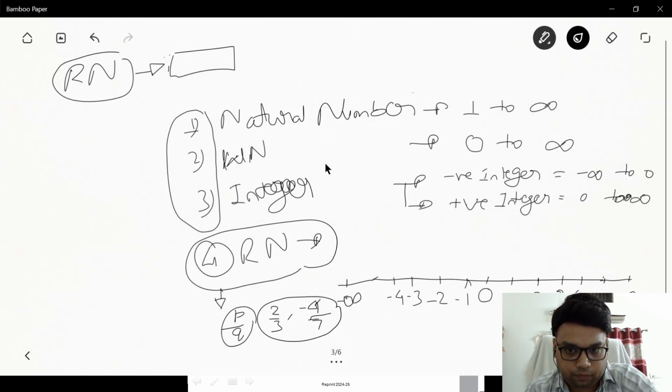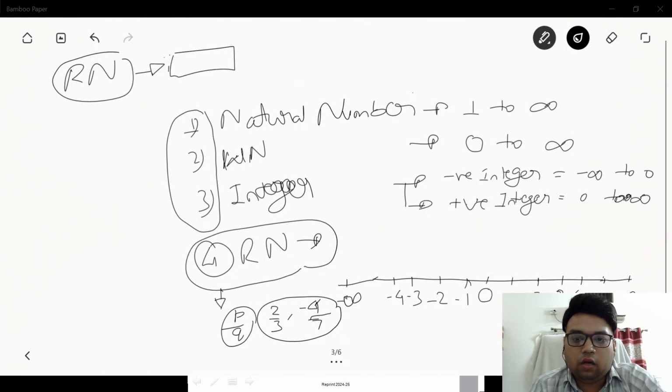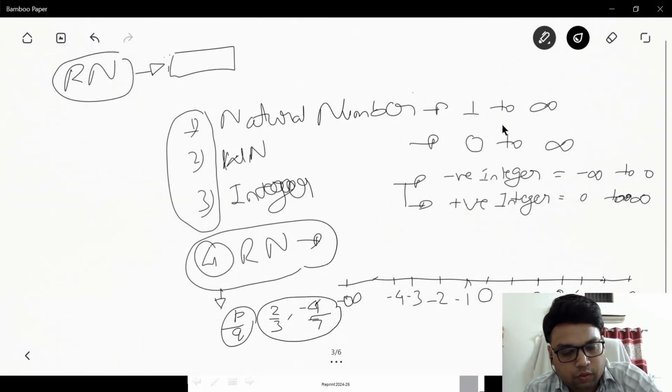rational number. Here the natural number, as we can see on the screen: any number which varies from 1 to infinity is a natural number. For your better clarification, you have to observe this scale.